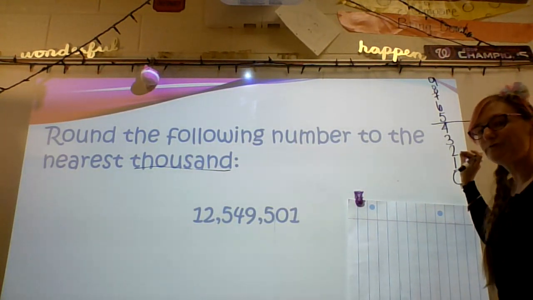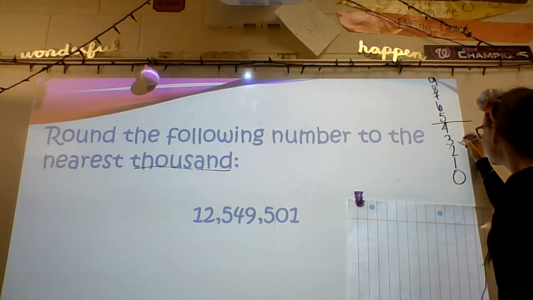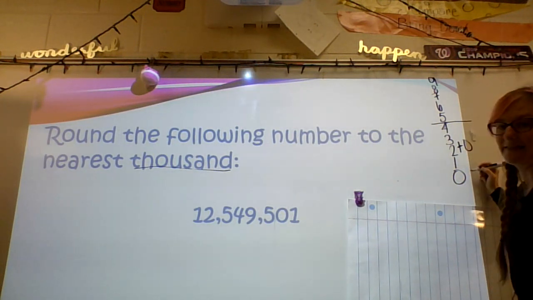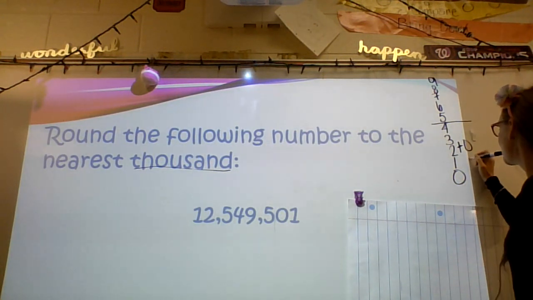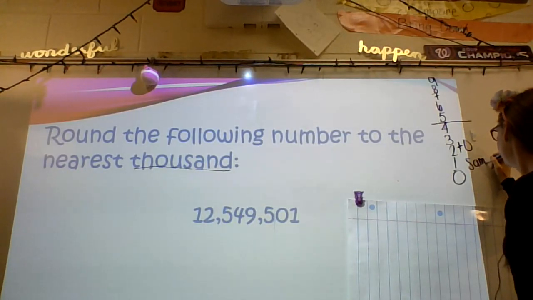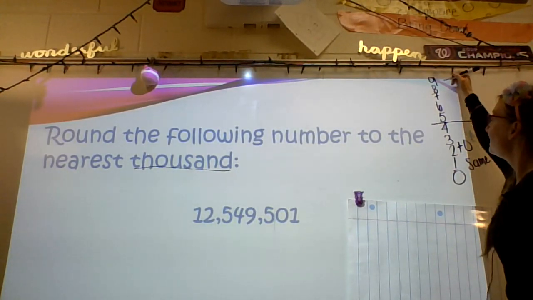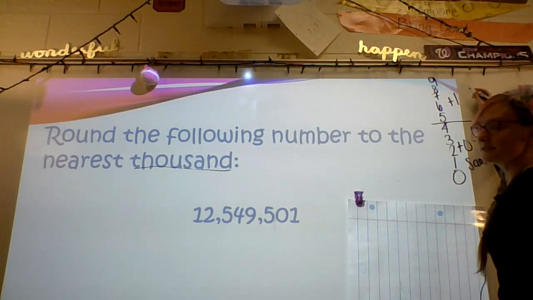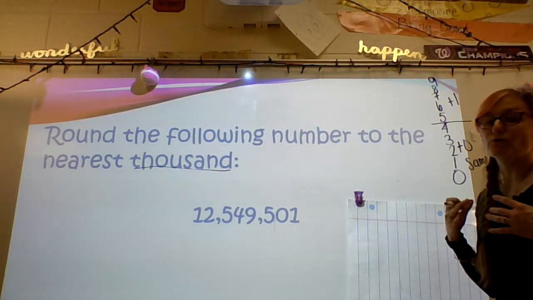My 0 through 4 digits are going to make the number stay the same. So we're going to add 0 to these numbers. And my digits 5 through 9, these are going to add 1, which will make it grow just a little bit.